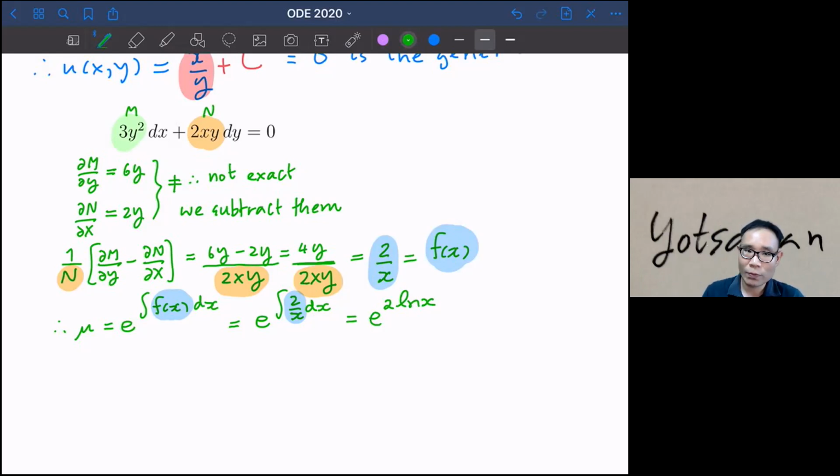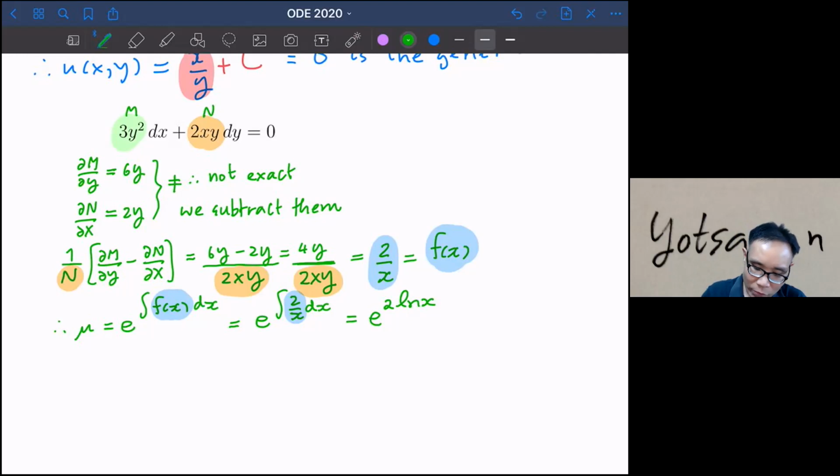When you put absolute value, it's going to give you two values, positive and negative, so it doesn't matter for the calculation right now. You may argue, why don't you plus C? Plus C will give you infinitely many mu. However, we need only one mu. So just integrate as usual, but you don't need absolute value for log or plus C. The calculation should be simple and basic like this.